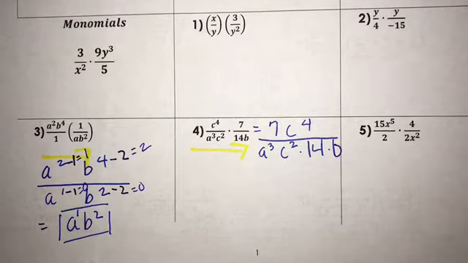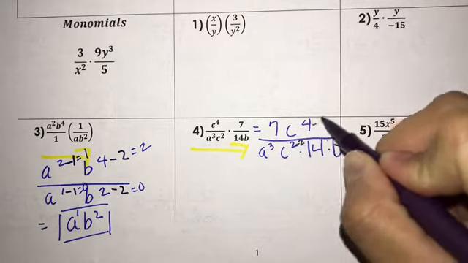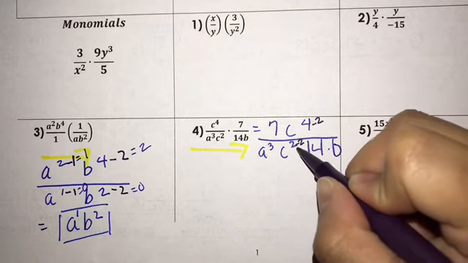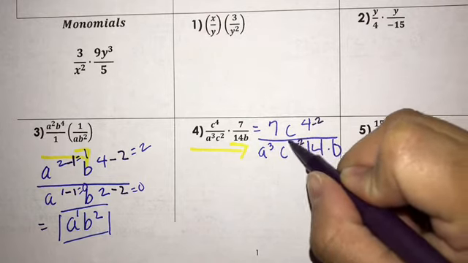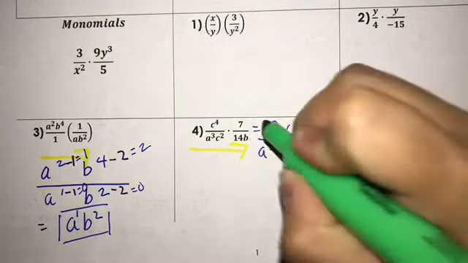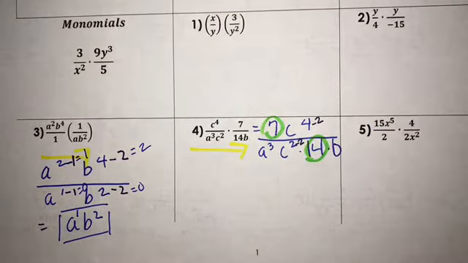Okay, so I know that I can subtract the 2 from the numerator because the smaller exponent is in the denominator. I know I can simplify my 7 and my 14.